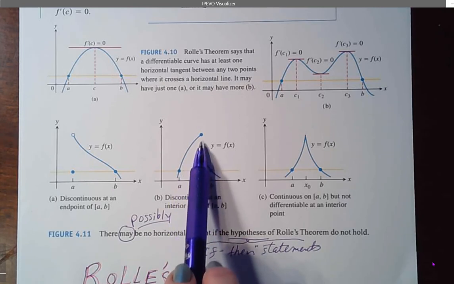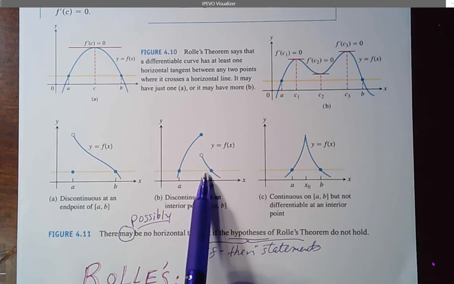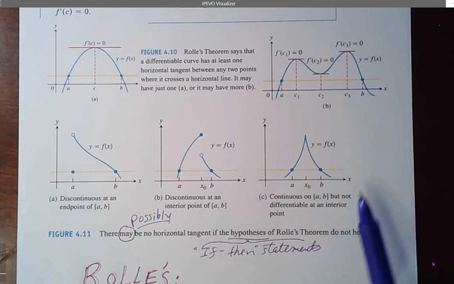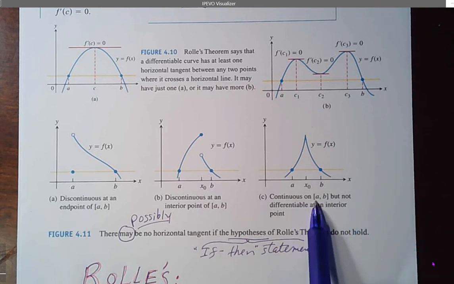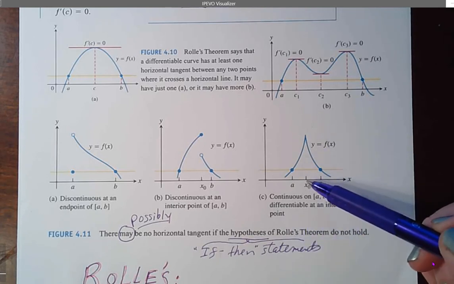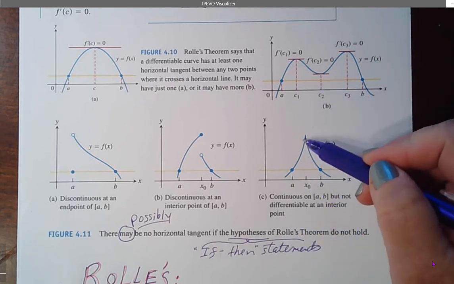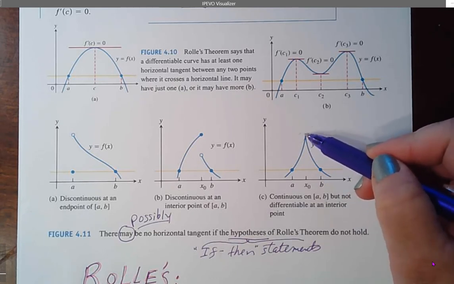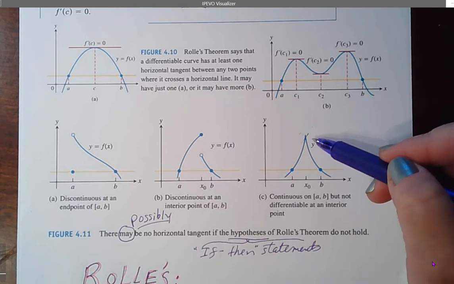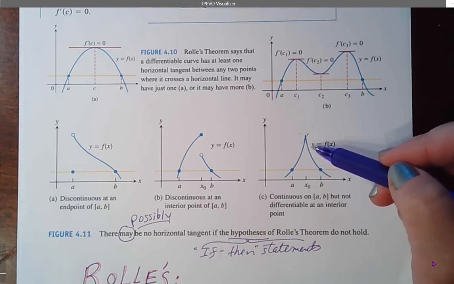There is an interior point where it's not continuous. Now here it's continuous, but it's not differentiable at an interior point, on this x naught point. Why? Because this is a cusp. If you recall, a cusp can have an infinite number of tangent lines at that point. So it would not hold up there.